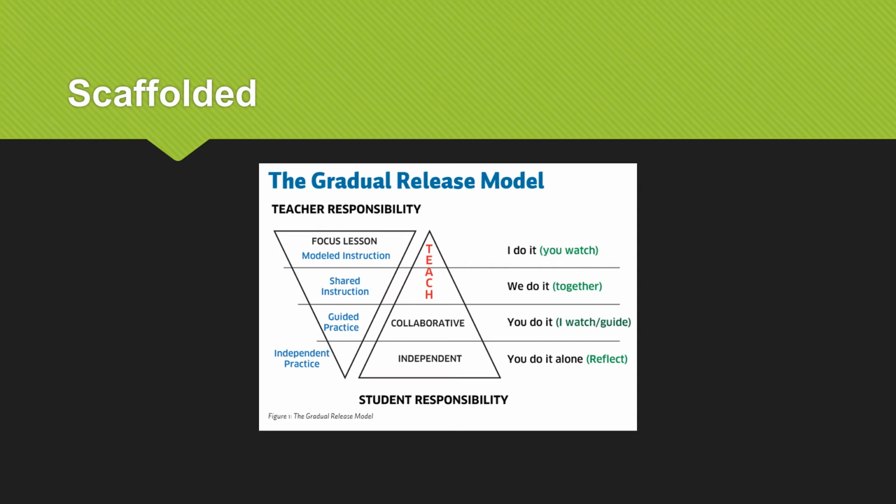I thought this was an interesting model because it also gives you the student thought on the other side, where they can consider what the teacher does and what they do along with that. For any new skill or strategy that you want students to learn, this is the way that it should be taught.